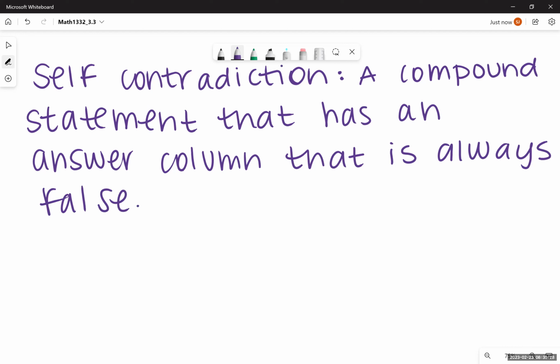The actual definition is a compound statement that is always false. But that sounds weird, right? Because that's saying you can't have falses anywhere, and that's not what it's implying. What it's saying is you're going to have a compound statement like we just did. And whenever you get through all of your different work and you get to your final answer column, if it's all false, it's a self-contradiction.